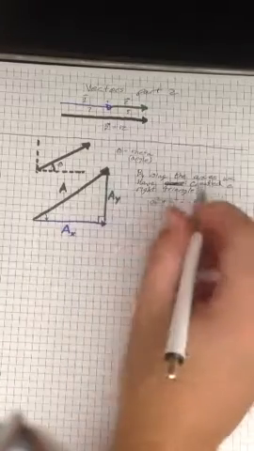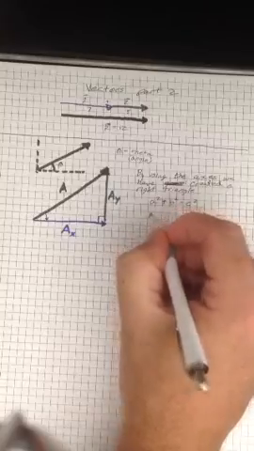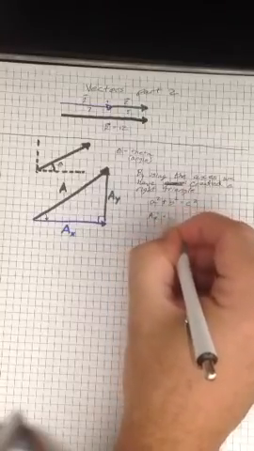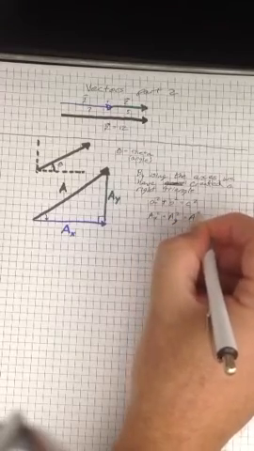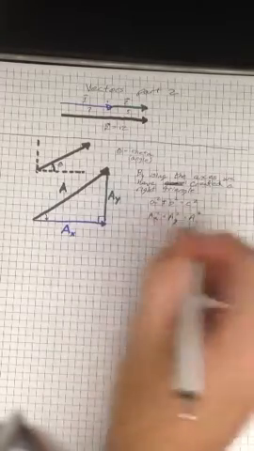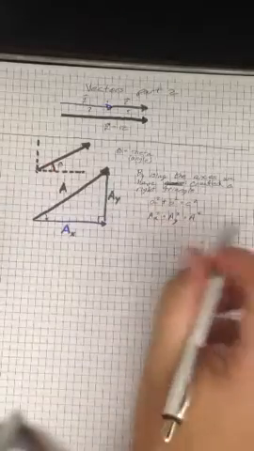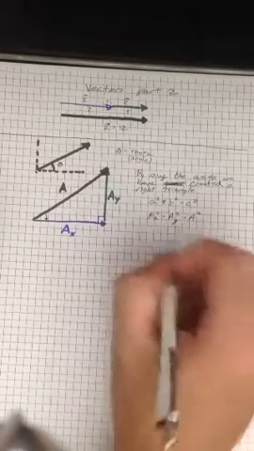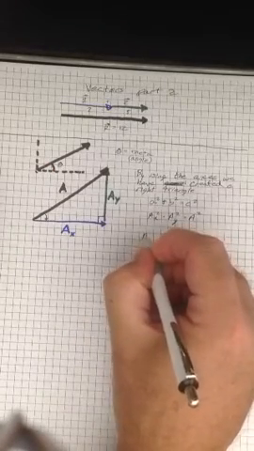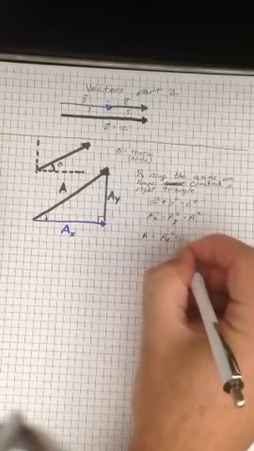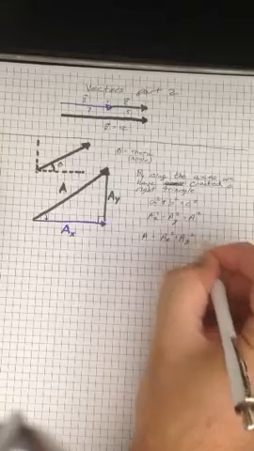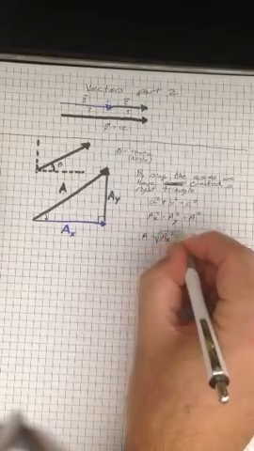But in this case, it's going to be A x squared plus A y squared equals A squared. That's what this particular one is telling us. So to find A, it's going to be A x squared plus A y squared, and we're going to take the square root of that.